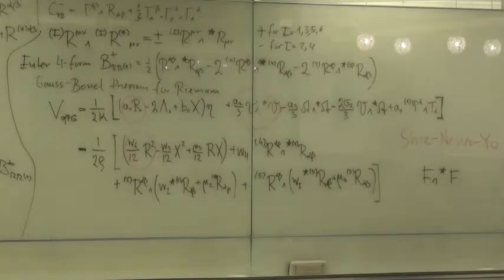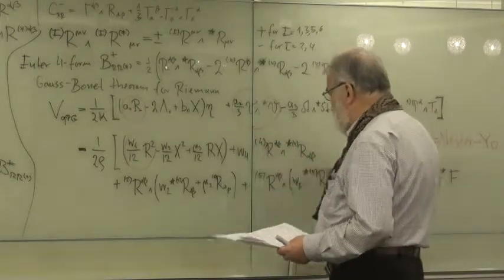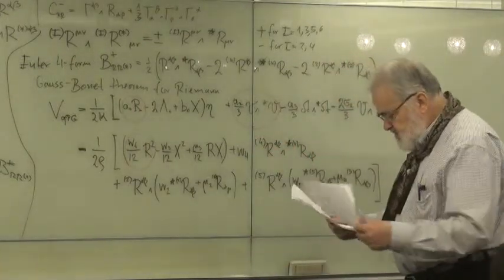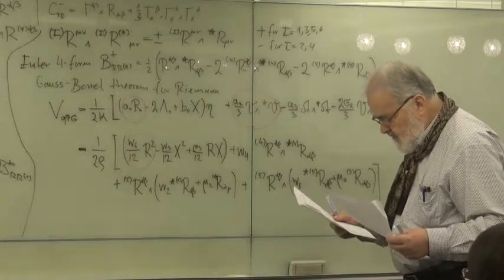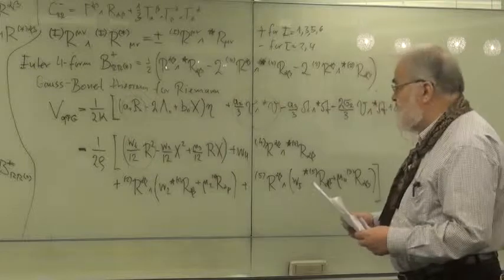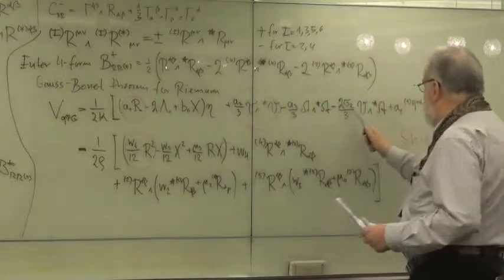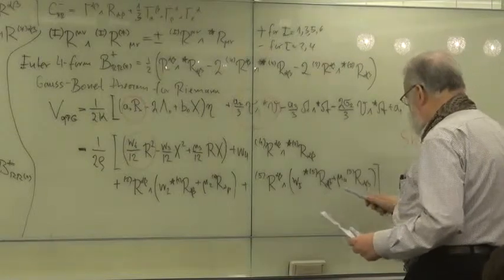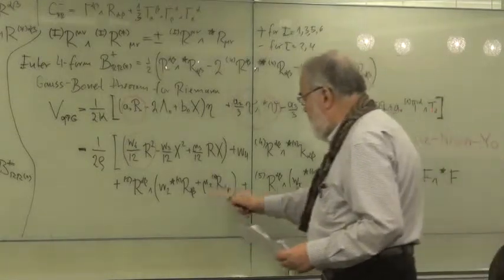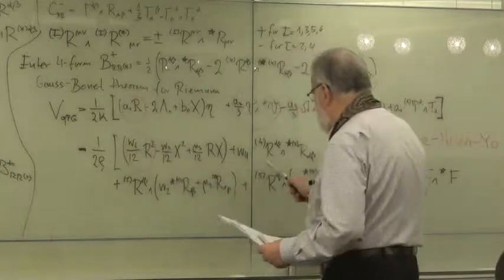The unknown constants number about, I forget now, you can count yourself: 1, 2, 3, 4, 5, 6, 7, 8, 9, 10, 11, 12, 13, 14.